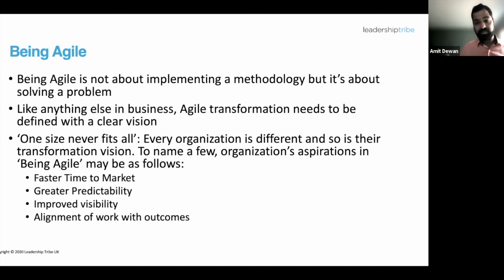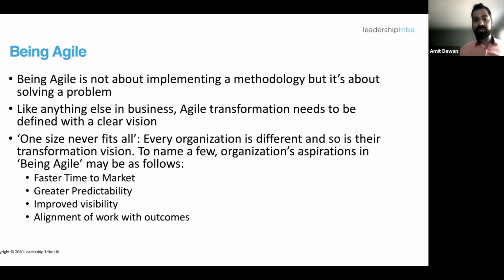Every organization is different, so every organization has its own vision to get there. But oftentimes, especially larger organizations, sometimes they get lost so much in the processes, so much into the methodologies, they tend to lose the big picture. And that's what being agile is all about.